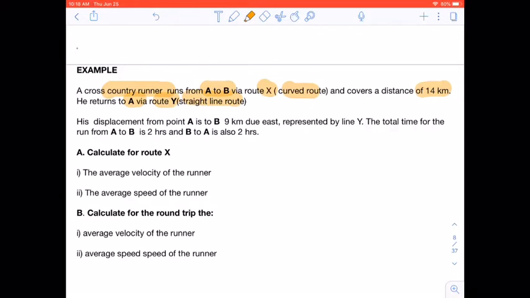His displacement from point A to B is 9 kilometers due east, represented by line Y. The total time for the run from A to B is 2 hours, and from B to A is also 2 hours. So what we need to do is calculate for route X the average velocity and the average speed.